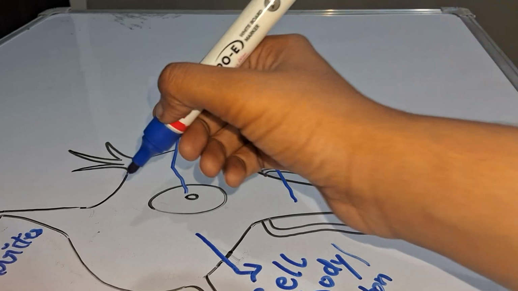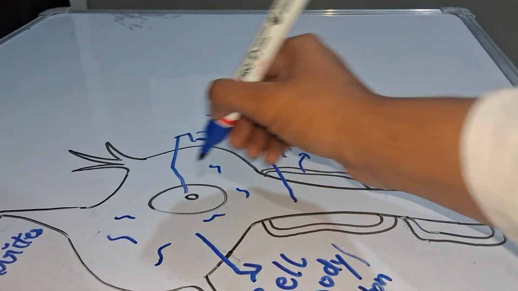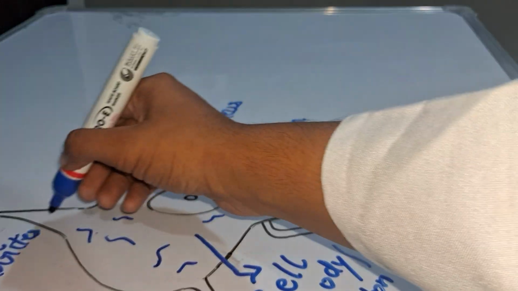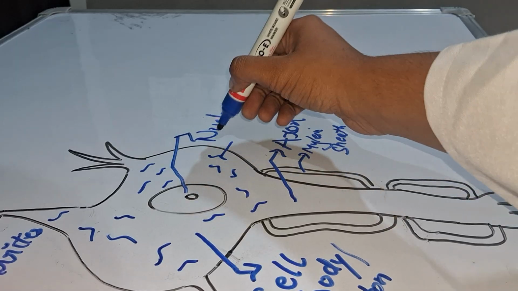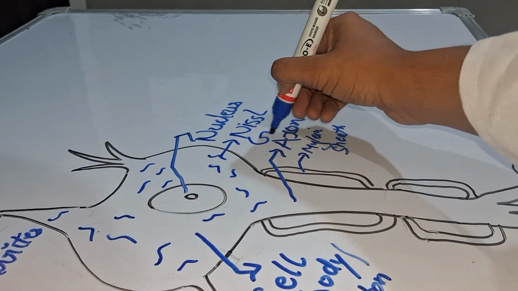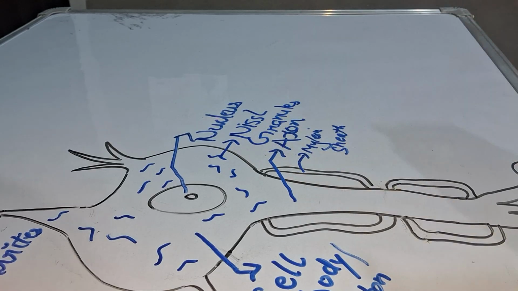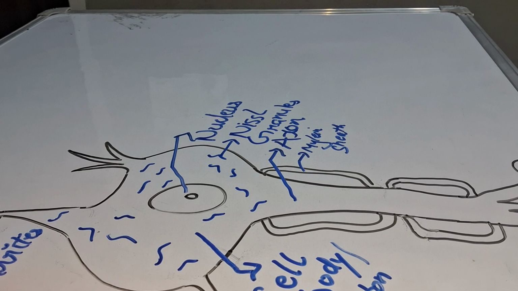Okay, and there are some granule-like structures in the cyton as well as in the dendrites. These structures are known as Nissl granules.